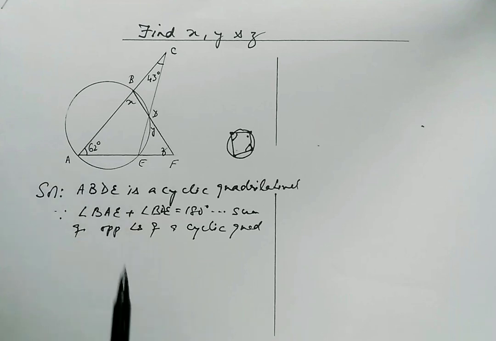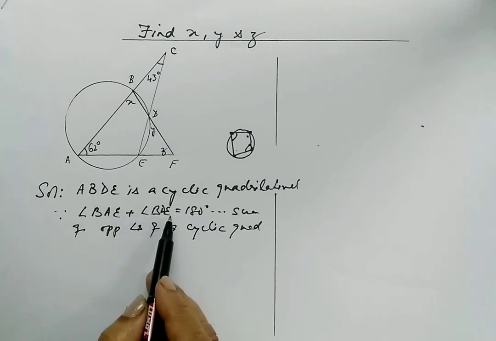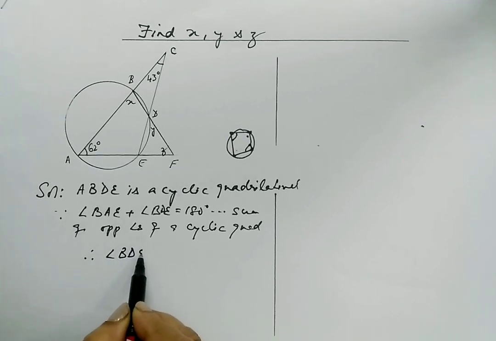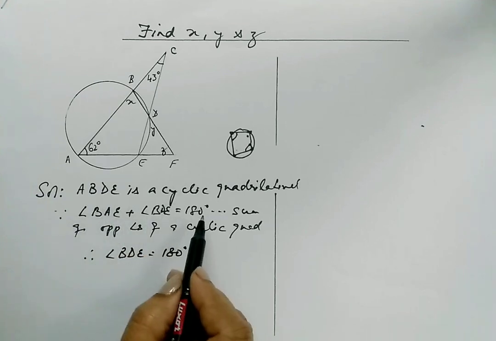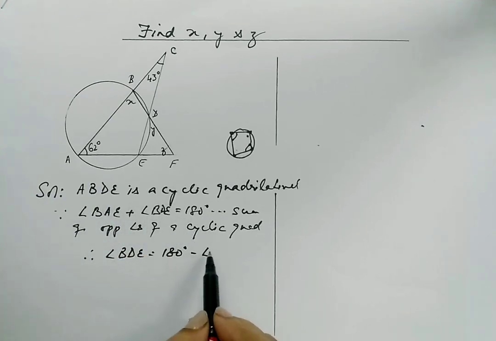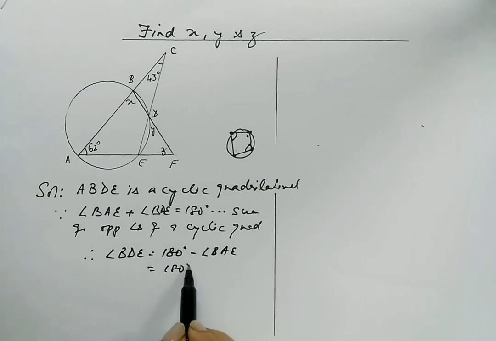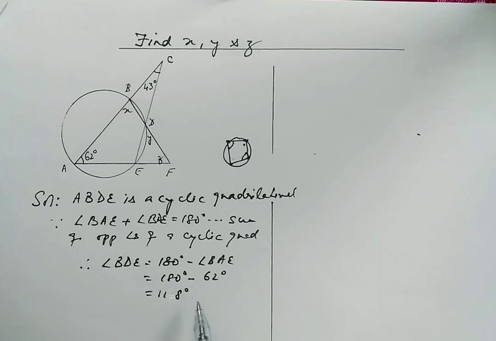We know that this is already 62 degrees. So we know that BDE is to be found out. Therefore, angle BDE will be equal to 180 degrees minus angle BAE, this will go to the other side, which is equal to 180 degrees minus 62 degrees for angle BDE.